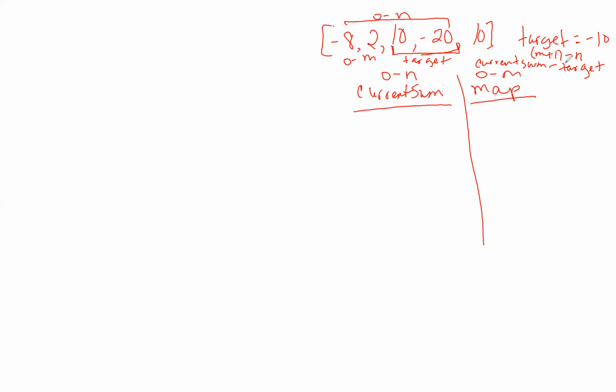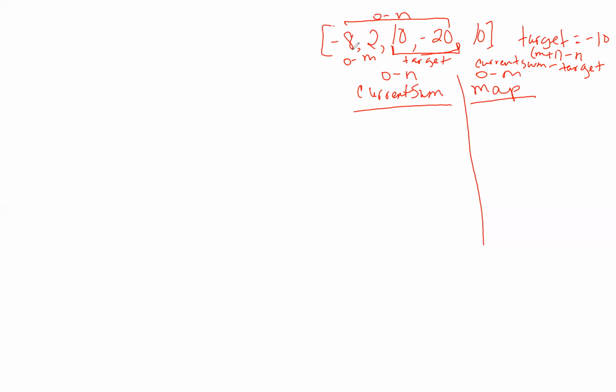Because if current sum minus target is in the map, then we would see it. Like if -6 were in the map for the -8 plus 2, then we would see it here, and we would say, okay, then I know that this part, the m plus 1 to n part, these two elements make up my target, so I know that these are the elements that I want to subtract out of it.